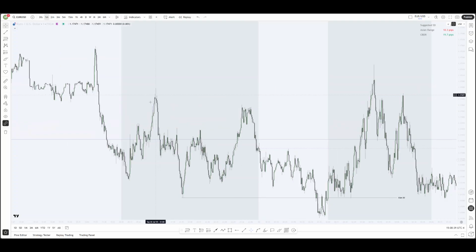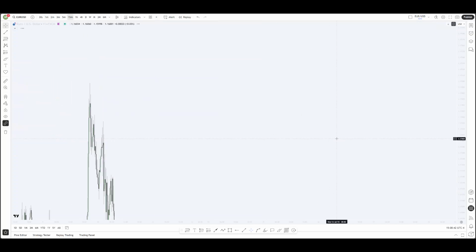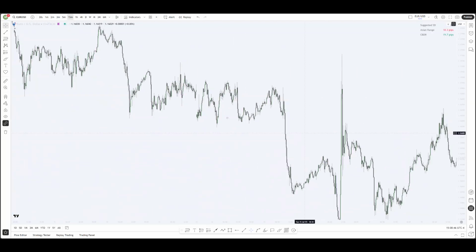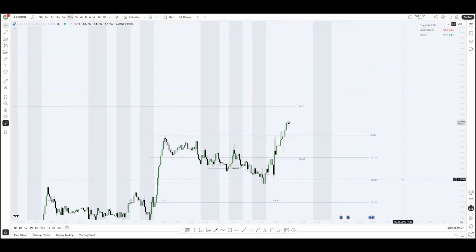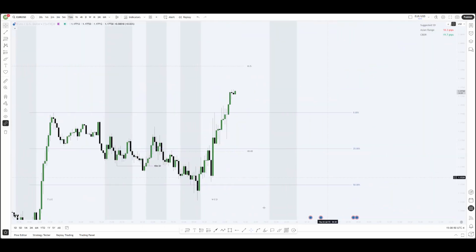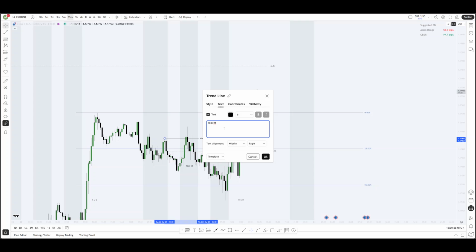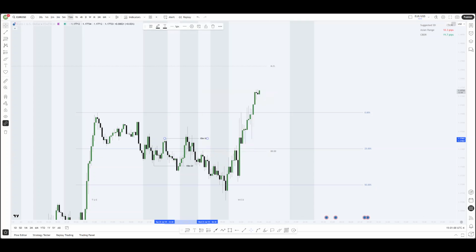Next, what we see is, if we go back to the 15, that would also be a very nice trade. Like here. I'm going to use this one. It is an intermediate term high. Why?